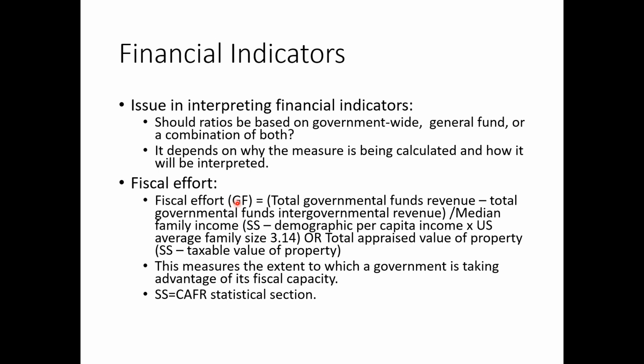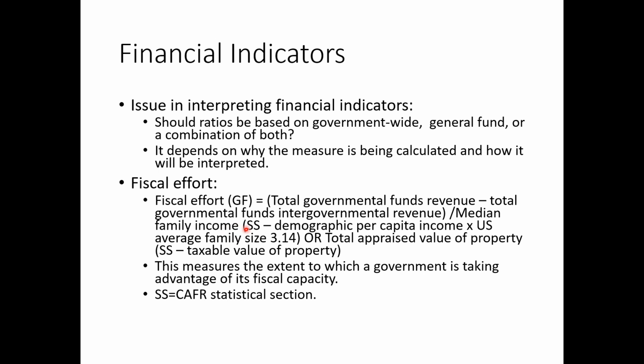We get this from the governmental fund statement, because we want to take a look at government activities only. So fiscal effort equals the total government funds revenues less the total government funds intergovernmental revenues, divided by median family income.